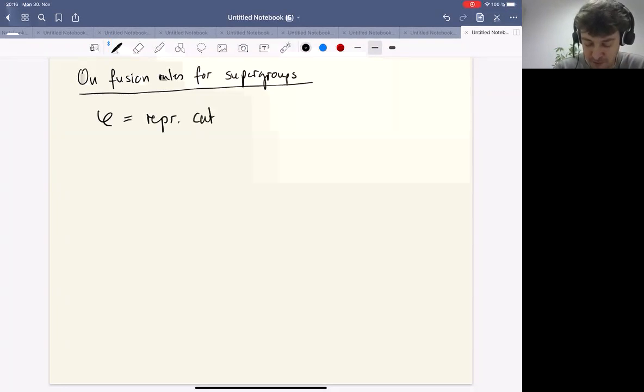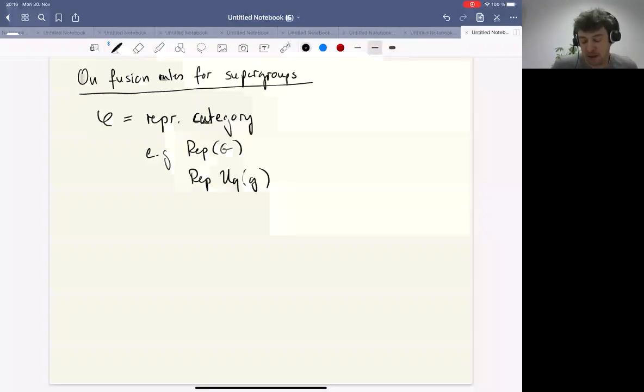I don't want to really define what I mean by it, but for instance, representations of an algebraic group, and this could be in characteristic 0, or in positive characteristic, or it could be Rep U_q(g), where g is a complex semi-simple Lie algebra, and let's say q is a root of unity to make it more interesting. Or it could be, later on, the representation category of a supergroup.